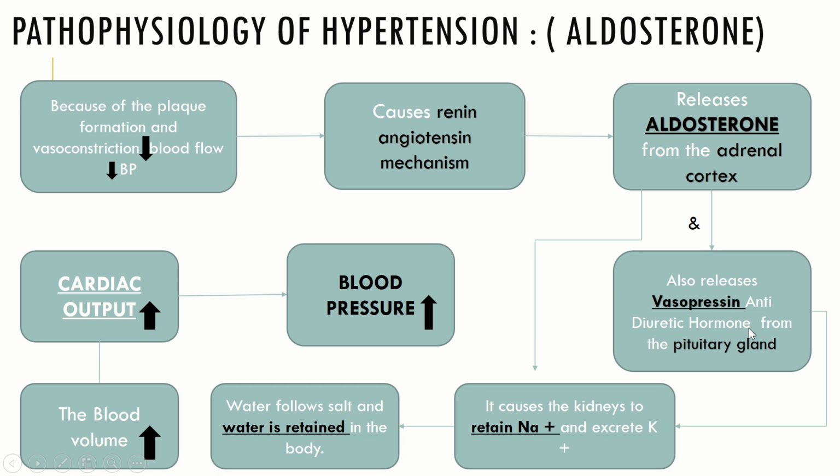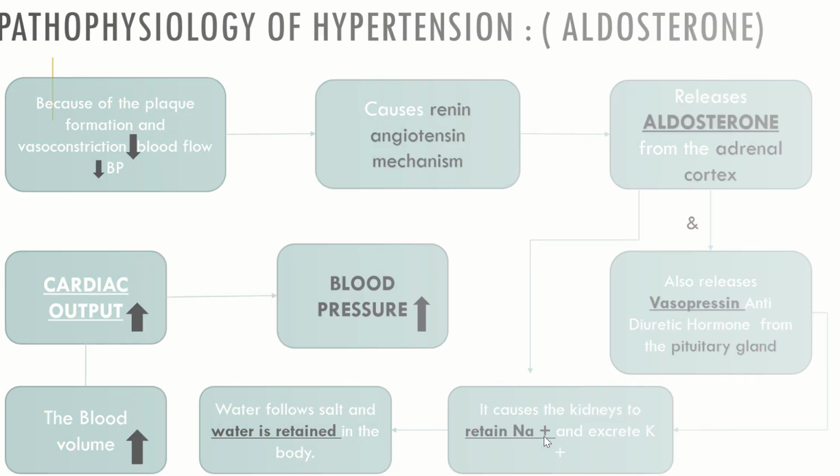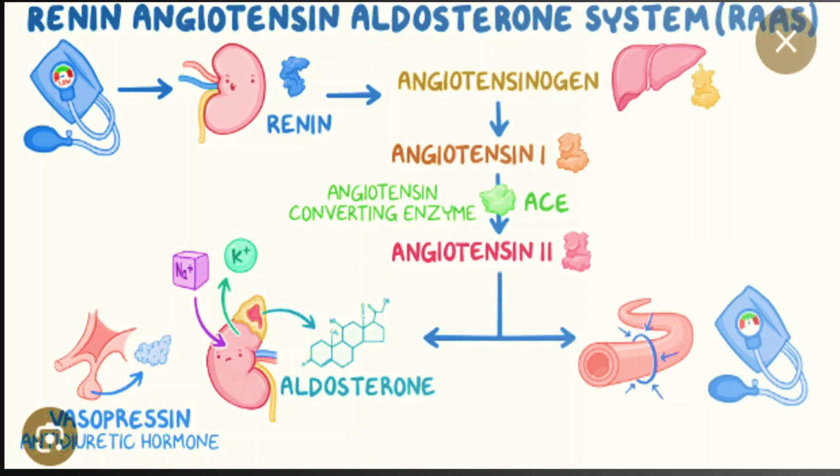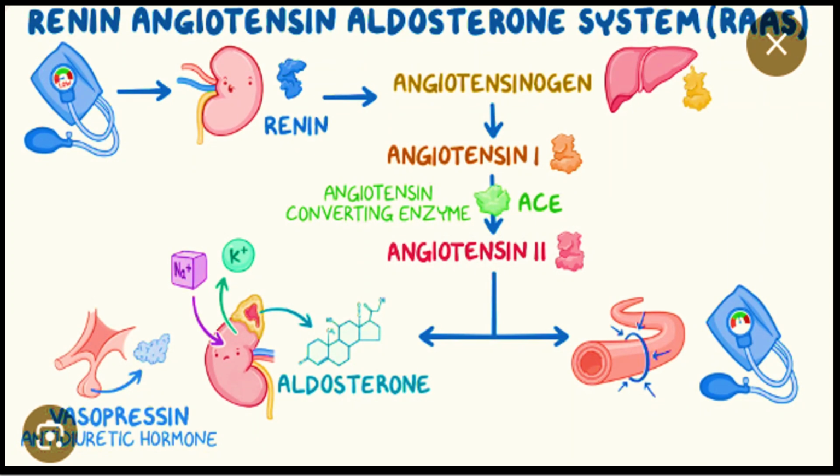In most patients who are very puffed with water content in their body, they will give diuretics. But vasopressin is an antidiuretic hormone produced by the pituitary gland, which helps to retain water in the body, and the kidneys also retain the salt. These are also the things which help to increase the blood pressure, and the person will have hypertension.